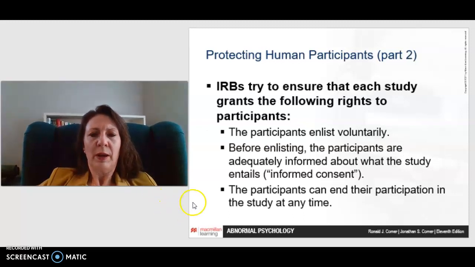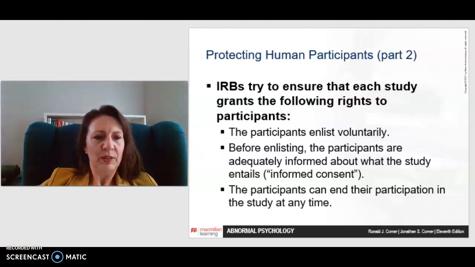These IRBs try to ensure that the following rights are granted to the participants: that they enlist in the study voluntarily; before enlisting, that they are adequately informed about what the study entails, or they have informed consent; and that they know that participants can end their participation in the study at any time.